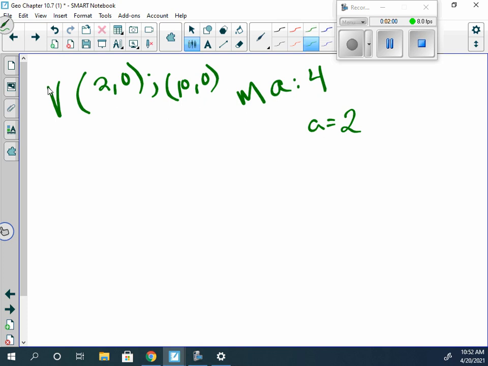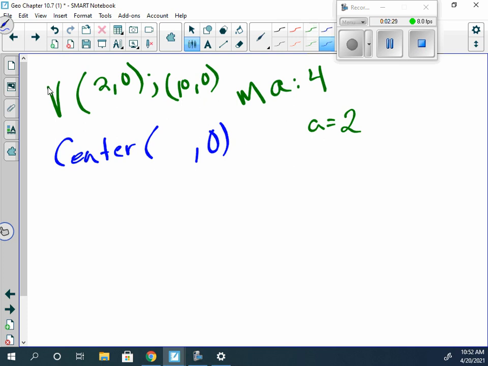Now that tells us something, because it tells us that the center of this, one of the values is going to be at 0, because it's H comma K, and our vertices are either H plus or minus A comma K, or H comma K plus or minus A, depending on which direction the major axis is going.